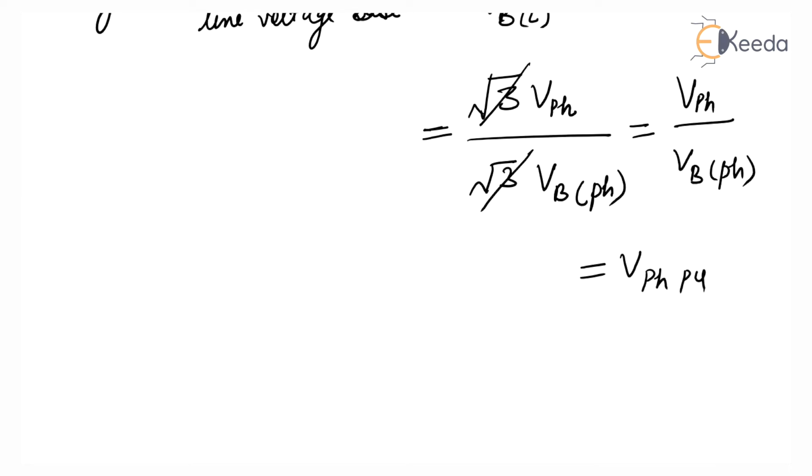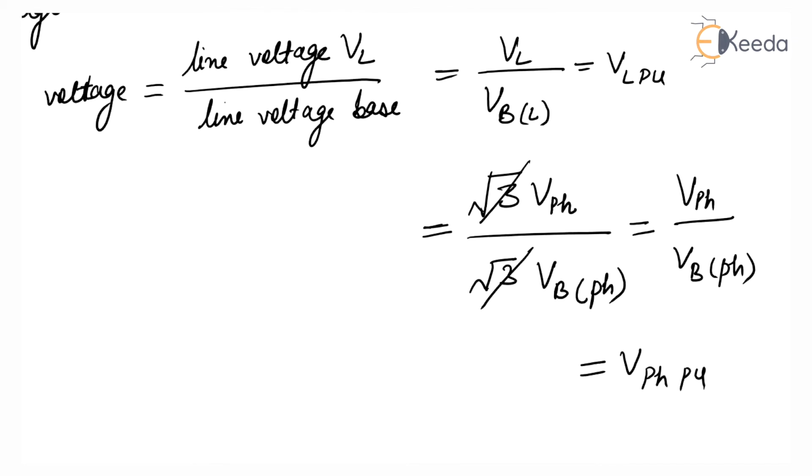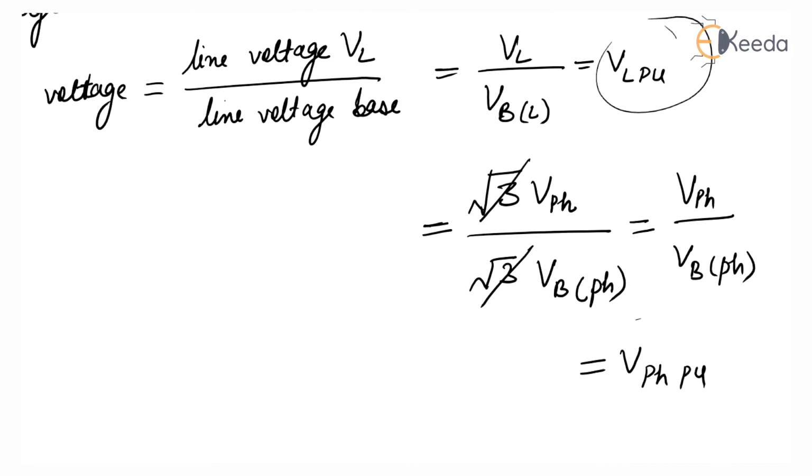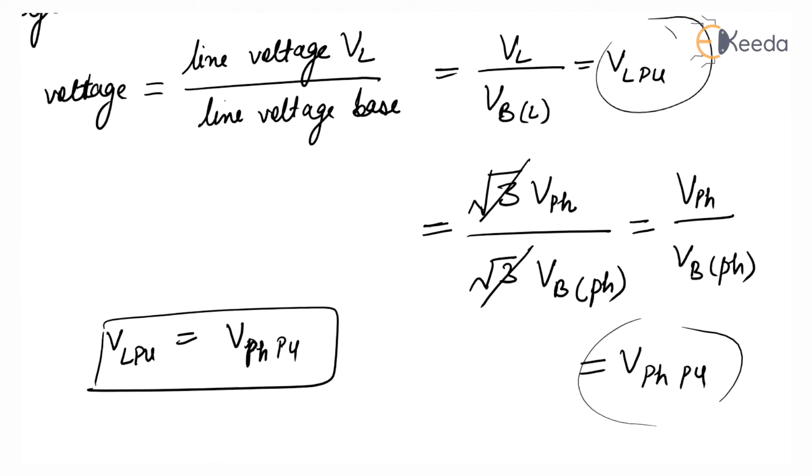From this we can see that line voltage per unit and phase voltage per unit are the same. Suppose this is equation number 2.